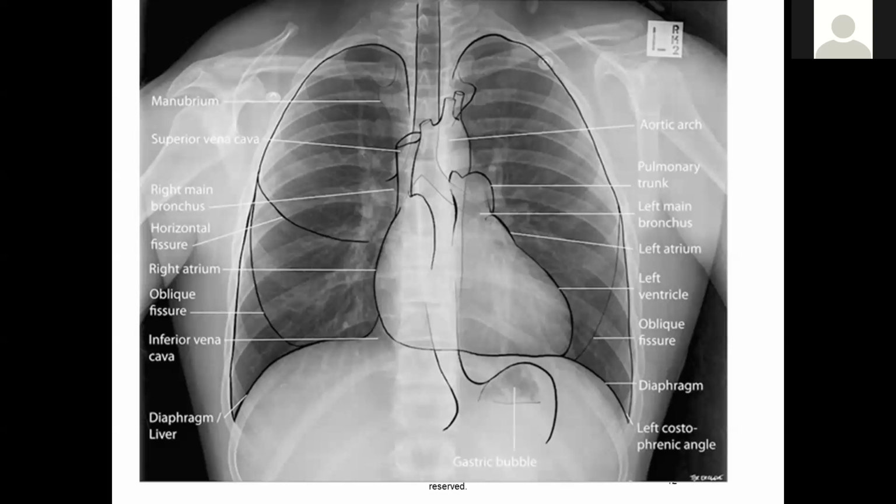We display x-rays as if you were looking at your patient face to face. So your patient's left side is over here, as if you were looking at your patient directly. So this image is flipped from how it was acquired.